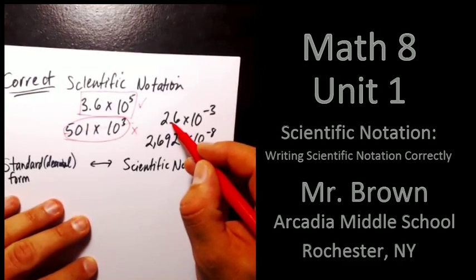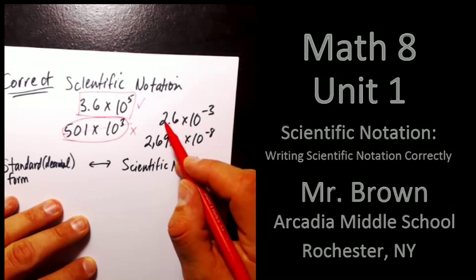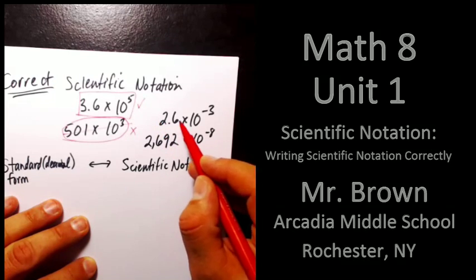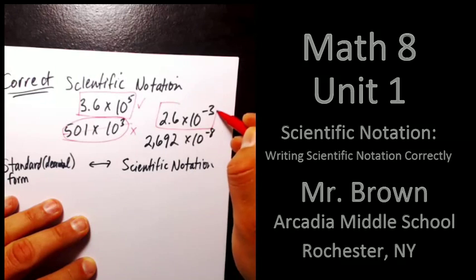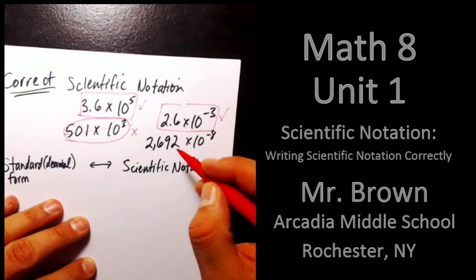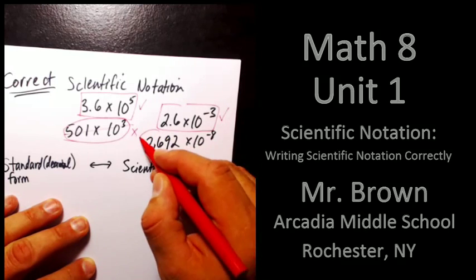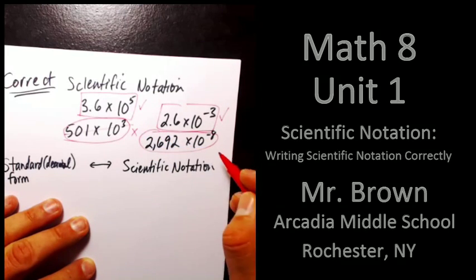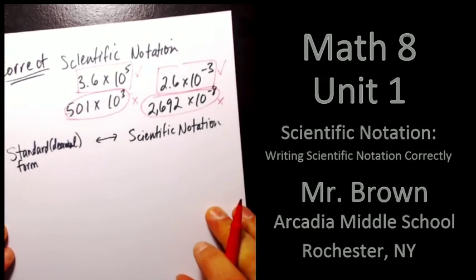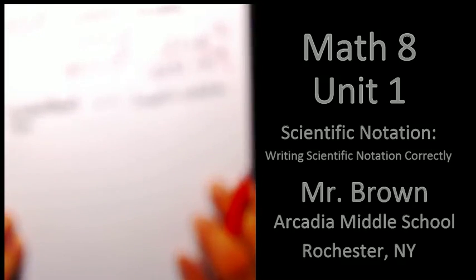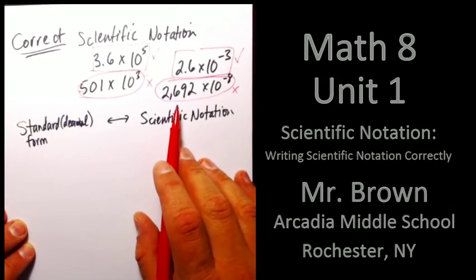This number, 2.6 times 10 to the negative third, is correct because it's a number between 1 and 10 times a 10 to a power. But this one, 2,692 times 10 to the negative eighth, while it's scientific notation, it's not correct scientific notation. Okay?